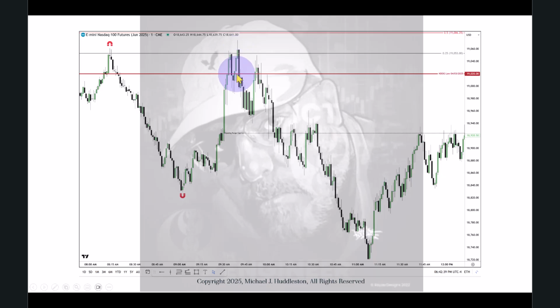There has to be an inefficient run higher to it and then an inefficient run away from it. See that? That makes this area right in here fangs. Think of it like a viper or a mamba. Okay. This is a snake coming up and biting and venomizing those individuals that were short that have buy stops there.